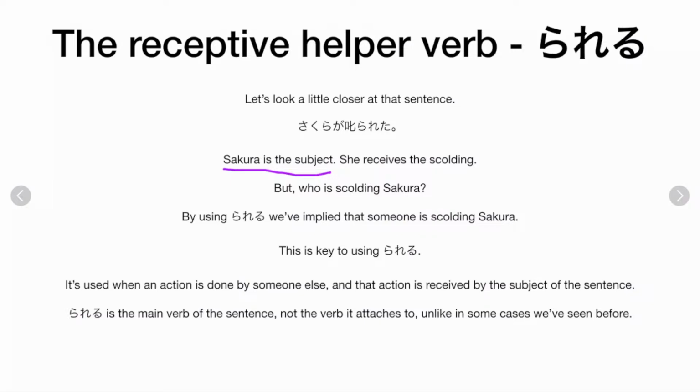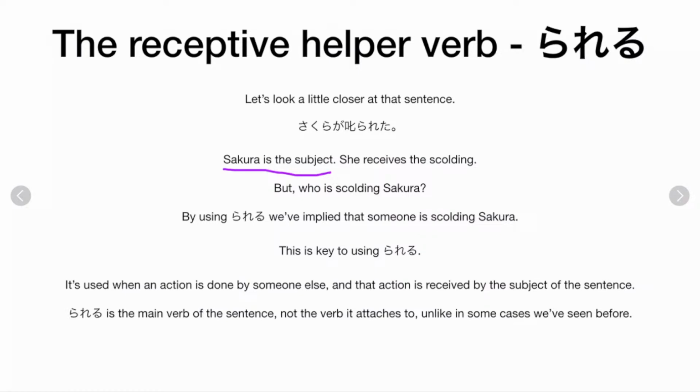Well, that's the key to using rareru, right? It's whoever is scolding Sakura, doesn't matter, but we don't have to know who it is. We just know that Sakura got scolded. If we know who it was, then we can say that, and we have ways to say that, and we'll look at those. But at its base form, someone got scolded, right?